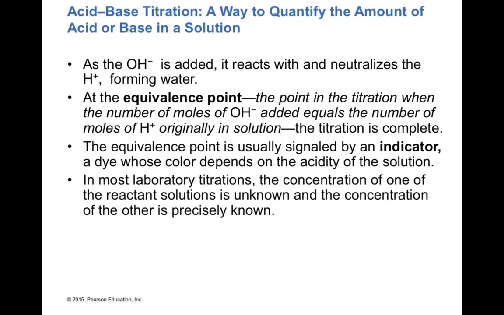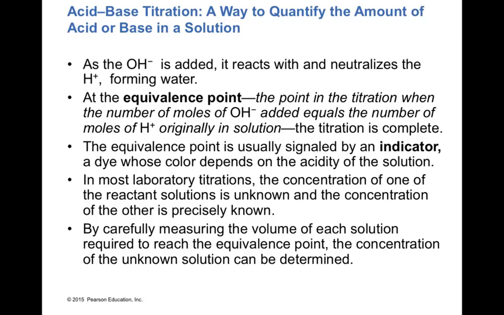In most laboratory titrations, the concentration of one of the reactant solutions is unknown, and the concentration of the other is precisely known. By carefully measuring the volume of each solution required to reach the equivalence point, the concentration of the unknown solution can be determined.